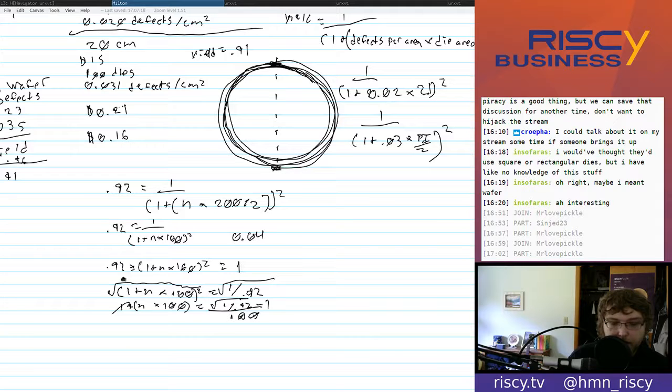We should be able to do the same exact calculation and just change this to 0.95. And then we get 0.0259. So let's just call it 0.026. So those are my answers for problem 10.